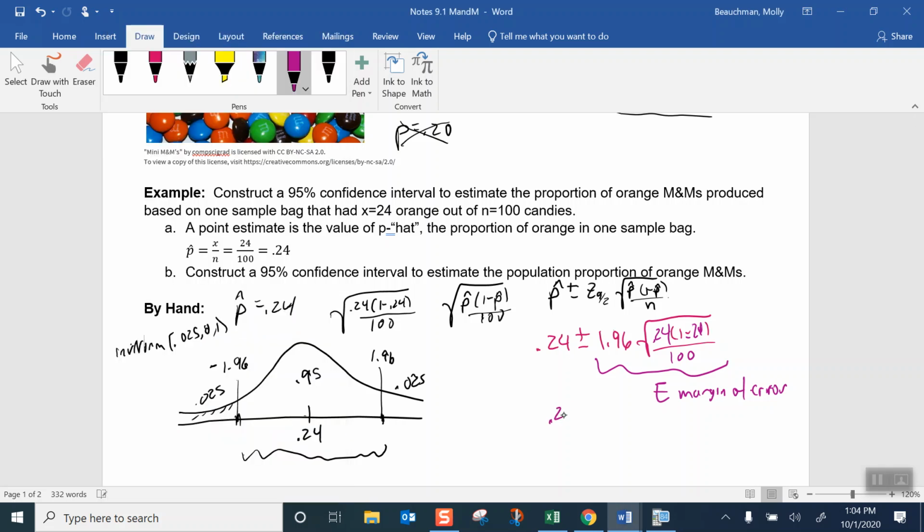So I'm going to take 0.24 plus or minus 0.0837. So I'm going 1.96 standard deviations to the right and to the left.